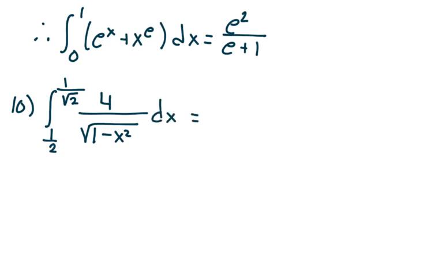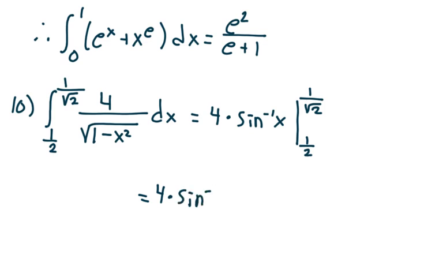So here I get 4 times the inverse sine of x evaluated from 1/2 up to 1 over the square root of 2. So this is 4 times arc sine of 1 over the square root of 2 minus 4 times arc sine of 1/2.